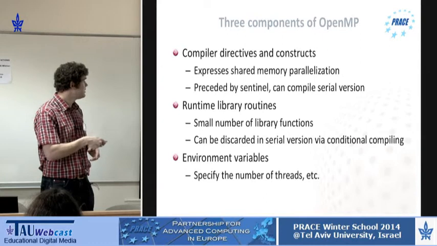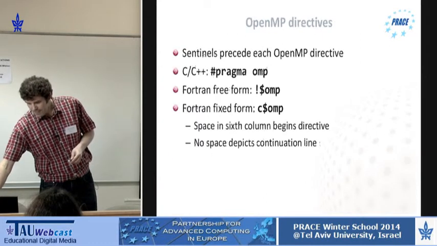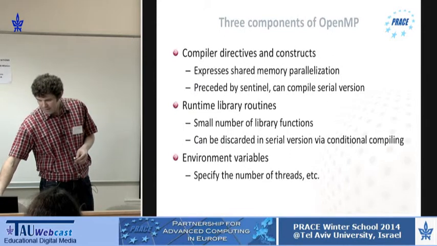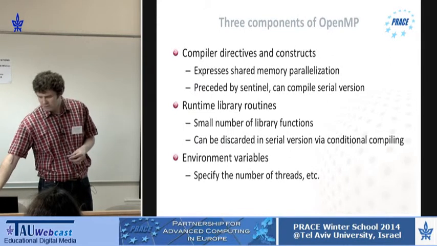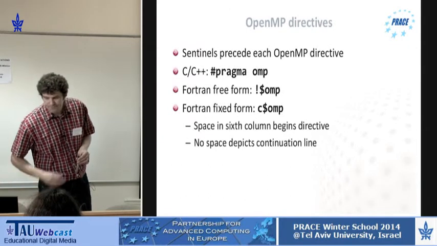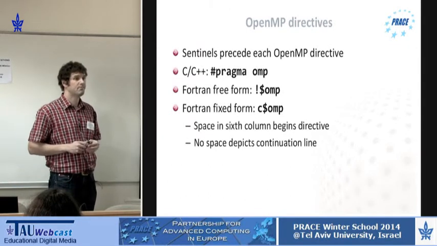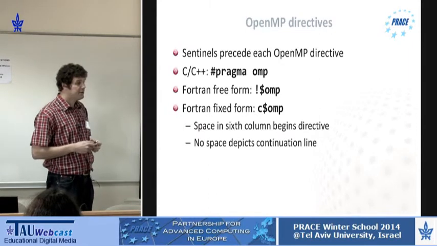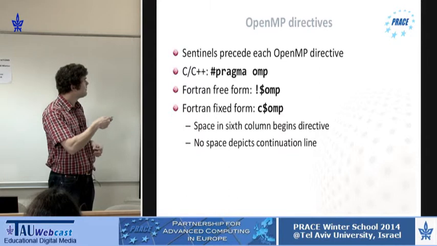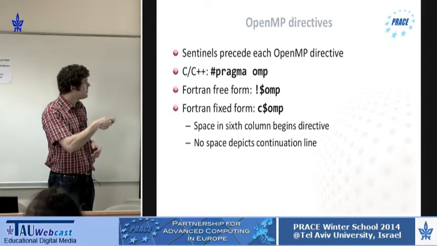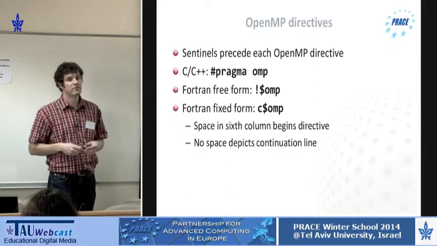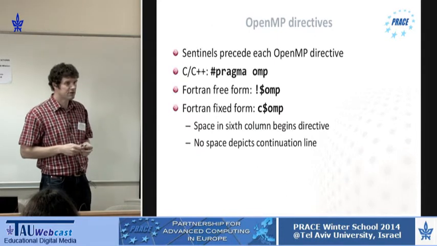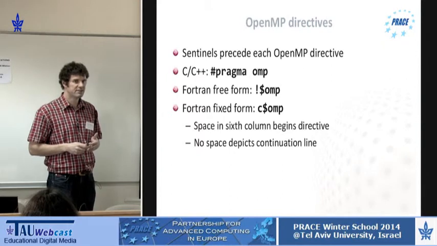For library routines, if you want to use them in serial code, it's possible to do conditional compilation, we'll see. So these sentinels, which define the OpenMP directives, have a little bit different form in C and Fortran. In C, you start lines with pragma omp, and then you give the actual directive of what the compiler should do. In Fortran, is there actually someone still using Fortran 77 and fixed form?